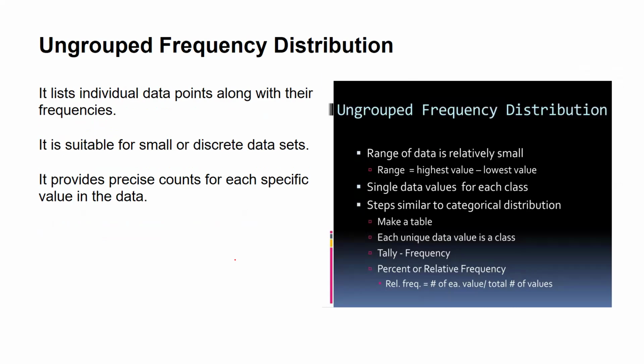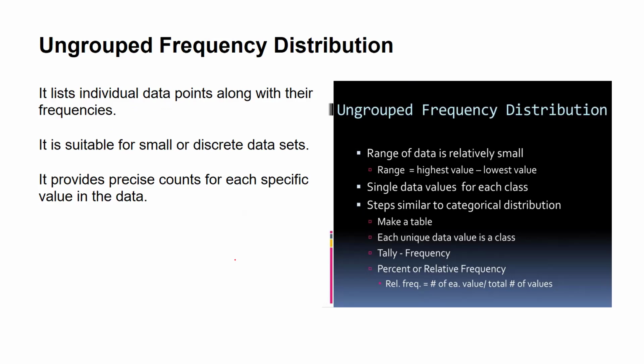So now let's look at the ungrouped data more closely. The ungrouped frequency distribution lists individual data points along with their frequencies. In the case of ungrouped data, you will have a data set. From that data set, you may be given raw data, and from that raw data, you can generate a frequency table.